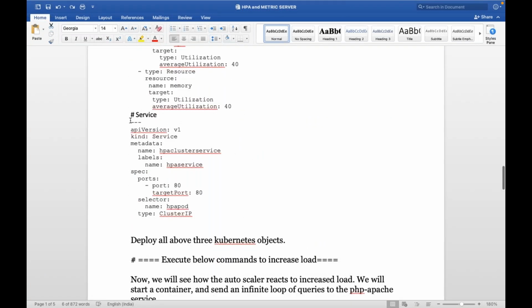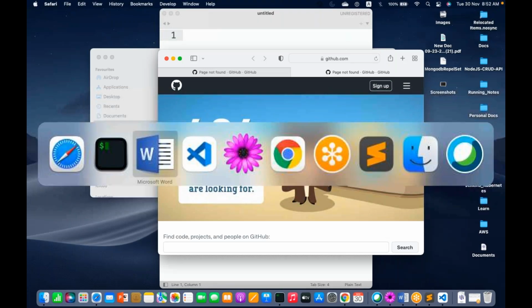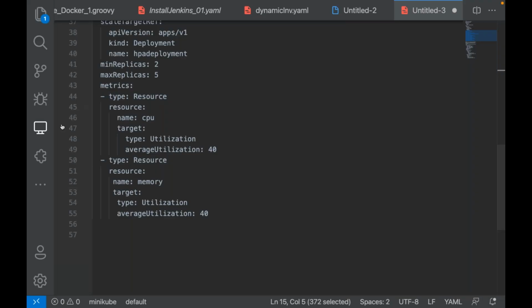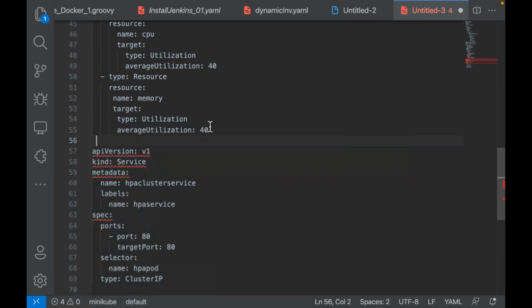You already know what a service is, right? If I want to access it from outside, what type of service needs to be created? It has to be separated with 3 dashes. We are creating a NodePort service.